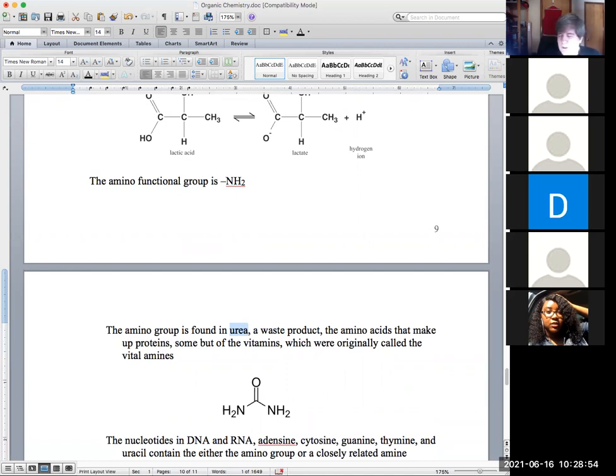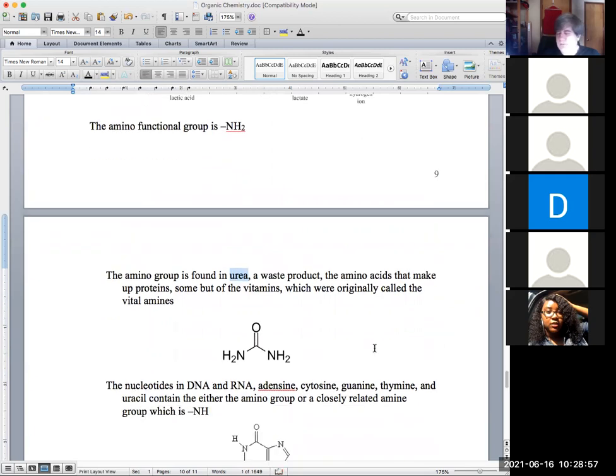So if we look at urea, urea is something that's found in your blood and then it's filtered out of your blood and is eliminated from your body in the urine. So if we look at this, notice on the left end, we have a nitrogen with 2 hydrogens. Okay, that's the amino group.